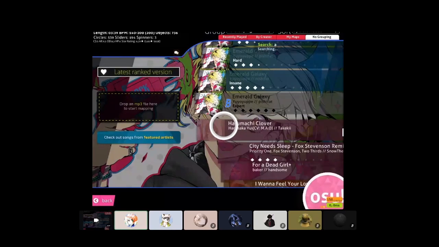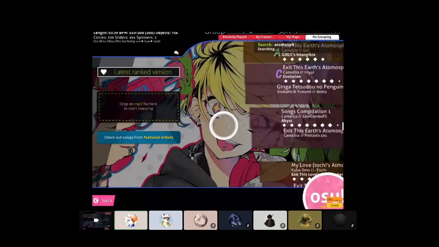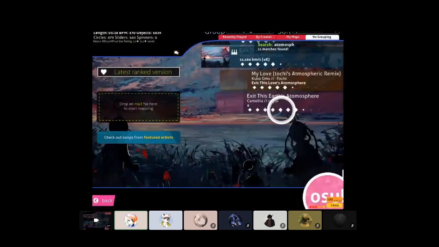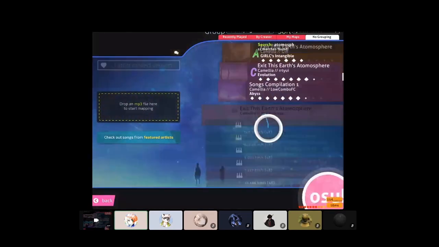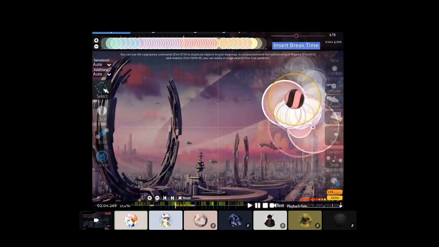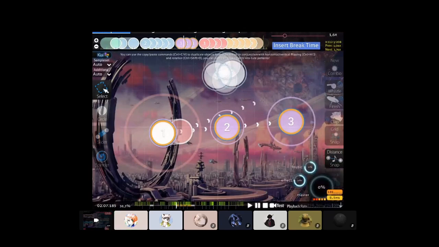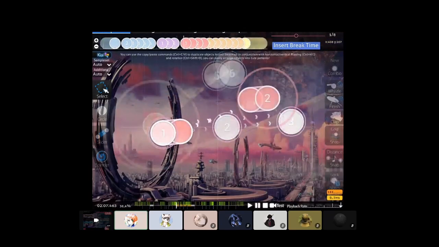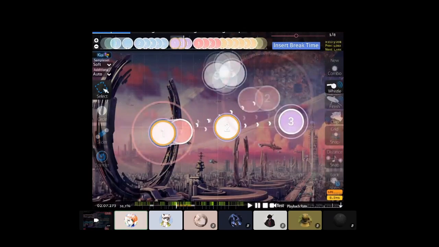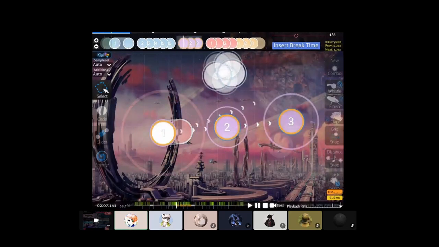Like even in a map like Atmosphere, where you have to kind of stream or alternate through these patterns, because the spacing is so high, nobody is going to snap aim this. Or I guess if you would be snap aiming this, that would be insane.